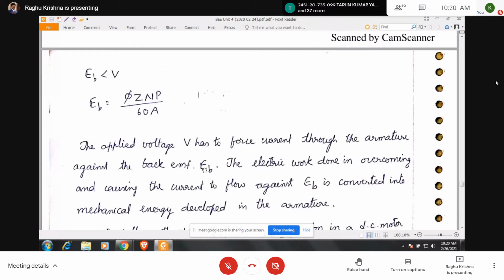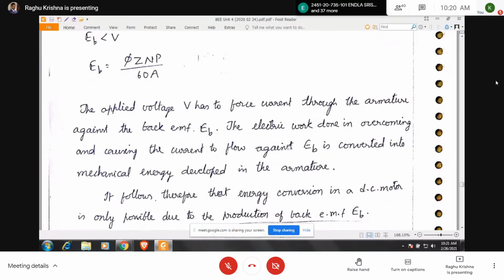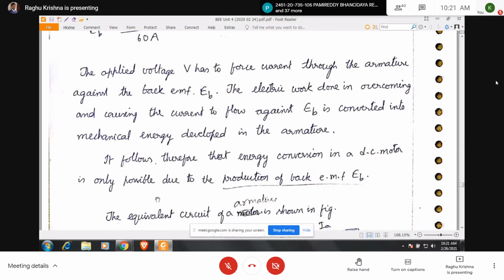The electric work done in overcoming EB and causing the current to flow against it is converted into mechanical energy developed in the armature. It follows therefore that energy conversion in a DC motor is only possible due to the production of back EMF EB.